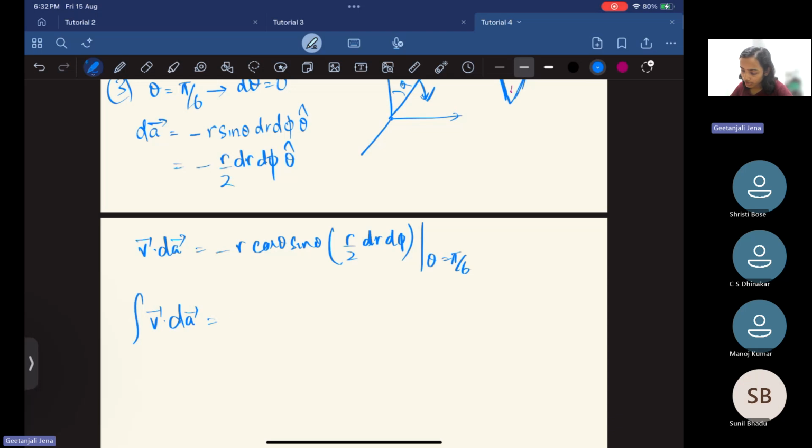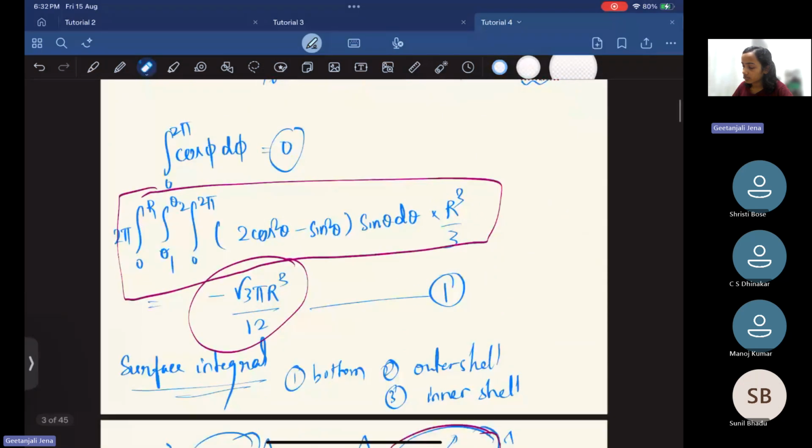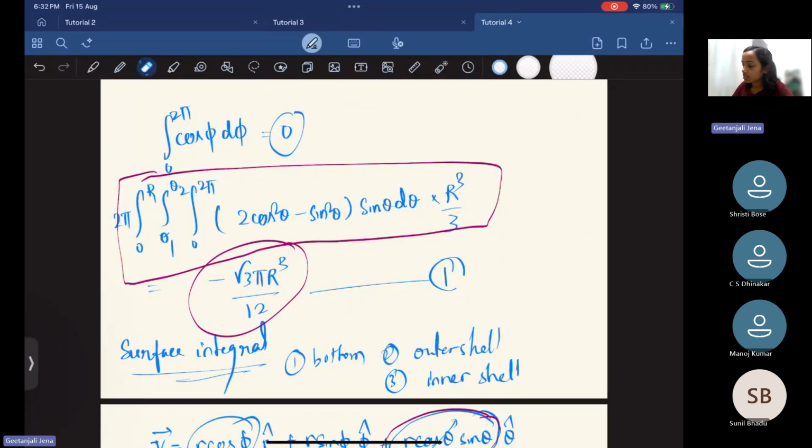If you put it, this will come out as minus root 3 pi R cube by 12. So this is equivalent to what we have seen in the left hand side. That means for this surface, the divergence theorem is valid. So this is all about the week 3 contents.